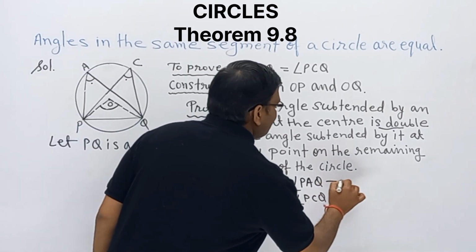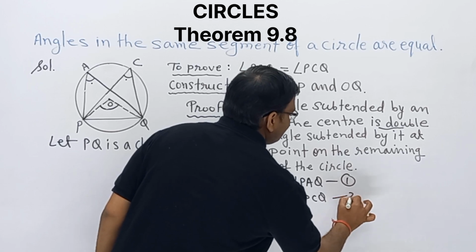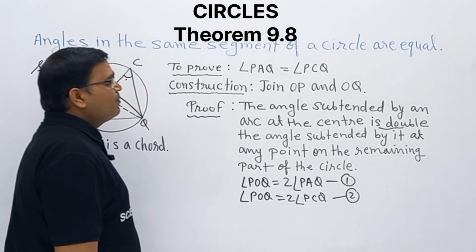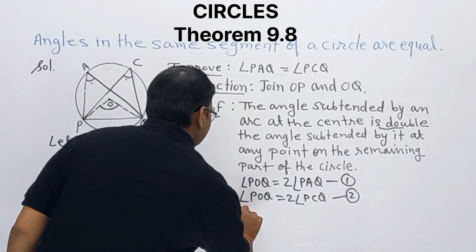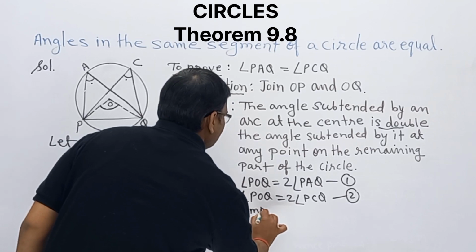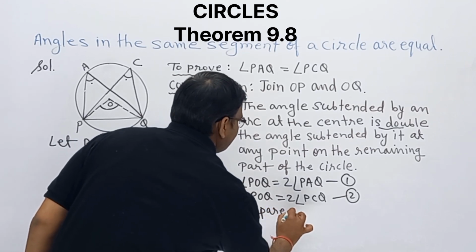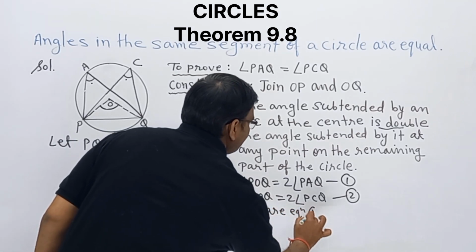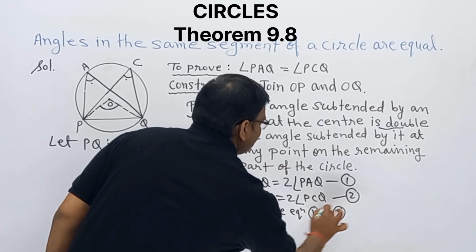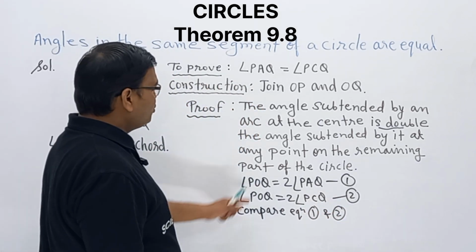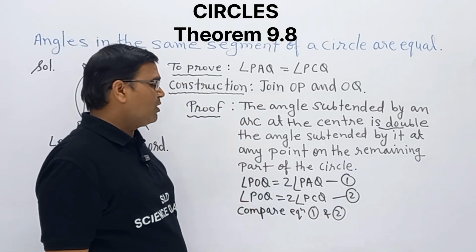I am taking the first one as equation number 1 and the second one as equation number 2. Compare equations 1 and 2. In both equations, the left hand side is equal.